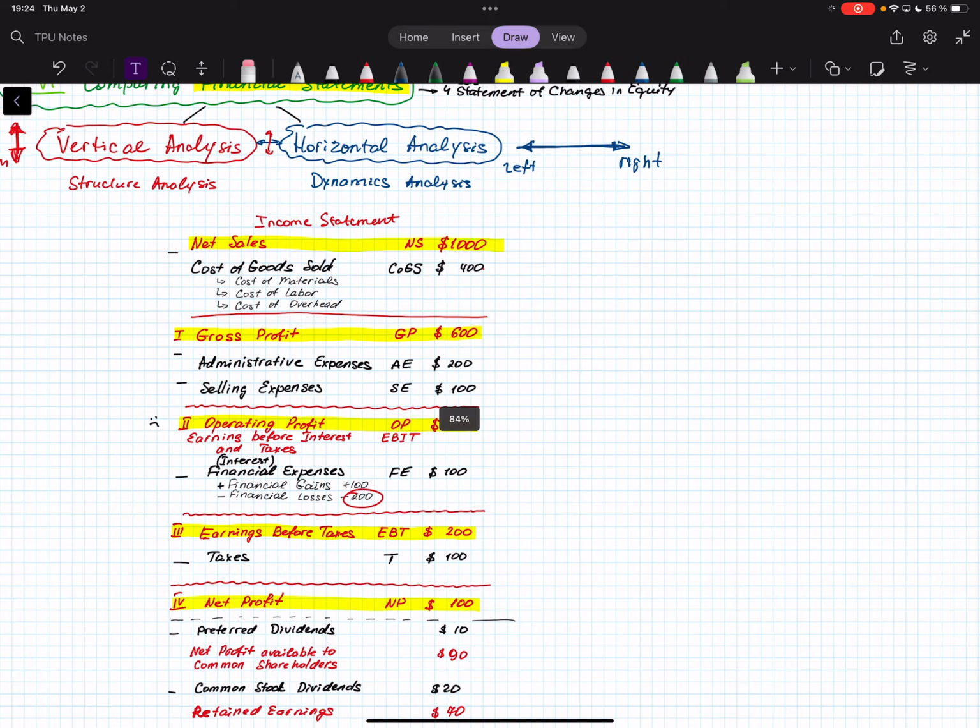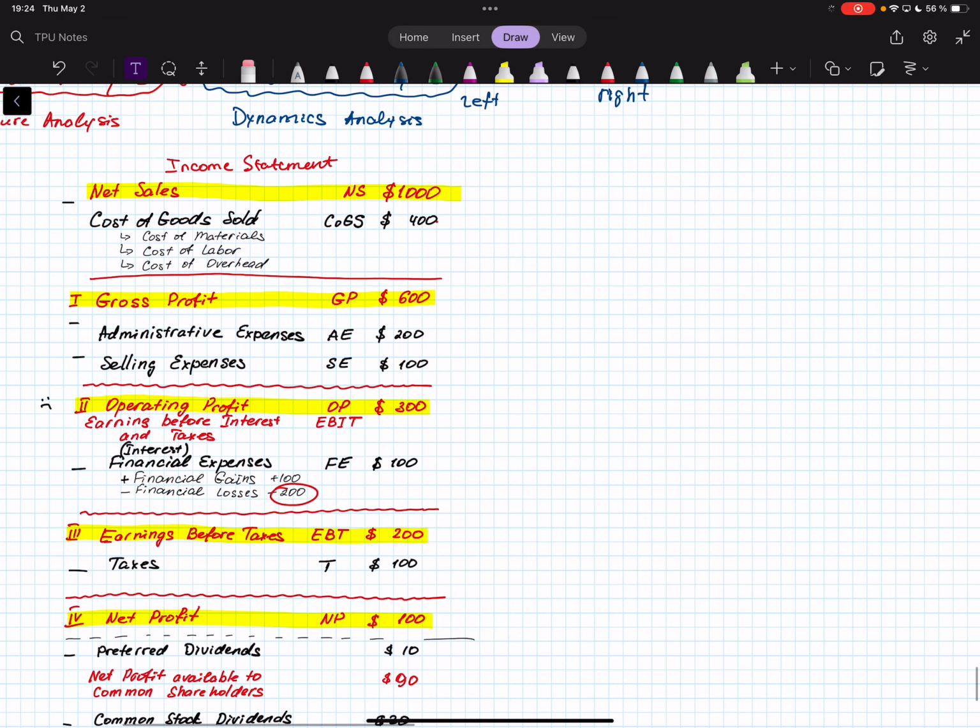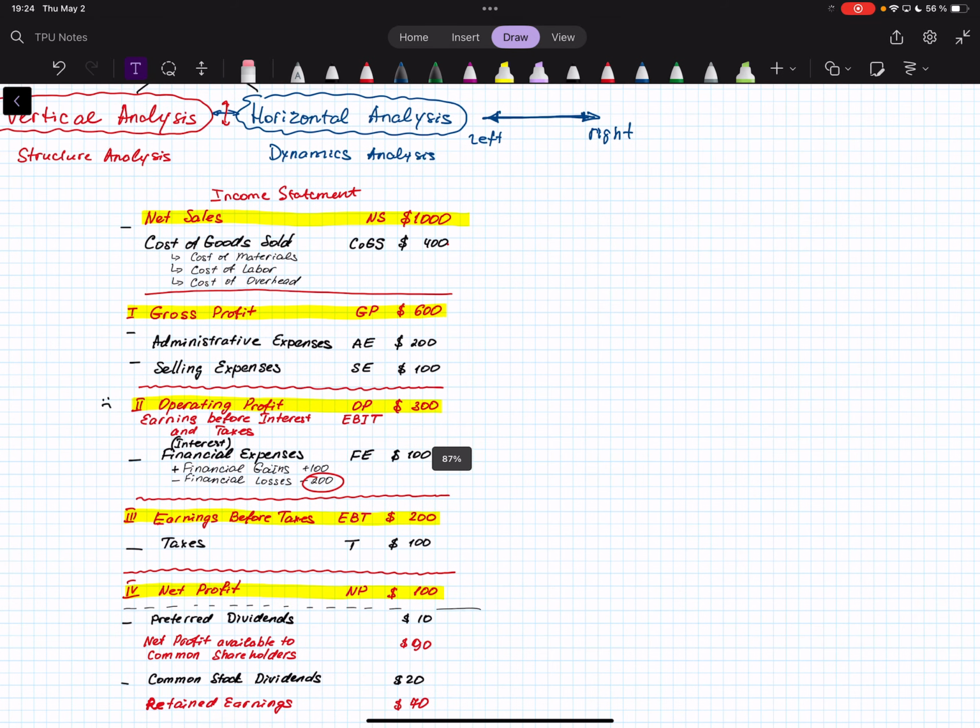Let us first practice the vertical analysis. The nature of the vertical analysis is, like I said, structure analysis. The word structure is like building a house. There is the foundation, there are the walls, the roof, it's like the whole structure.